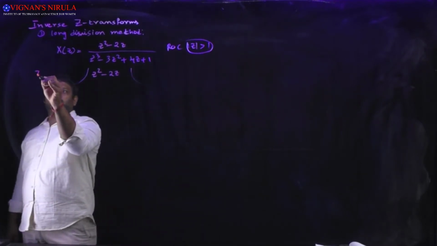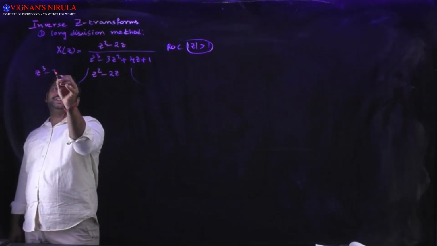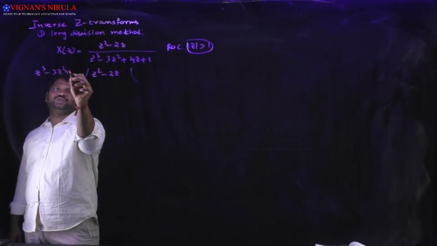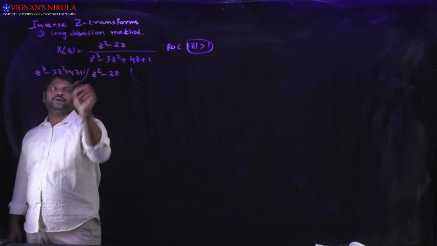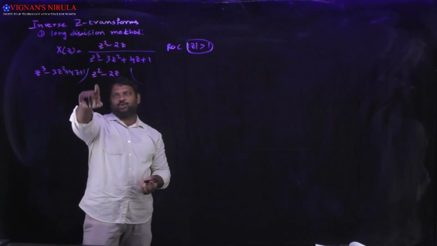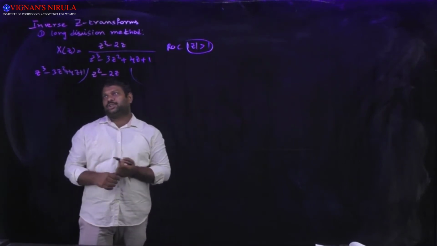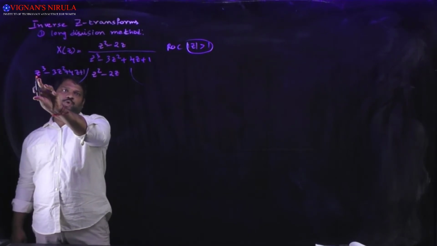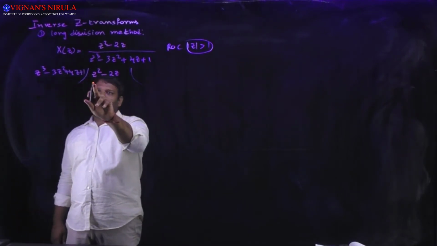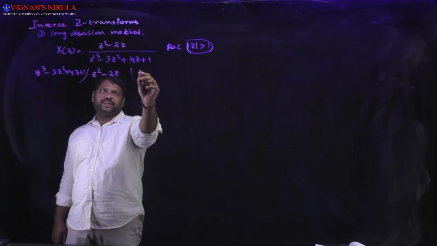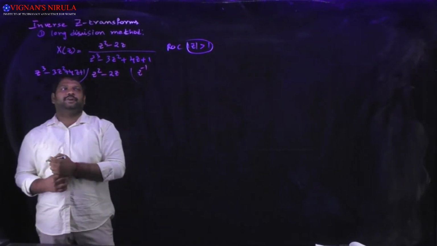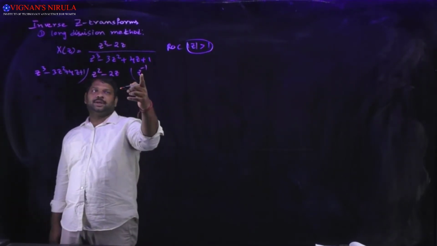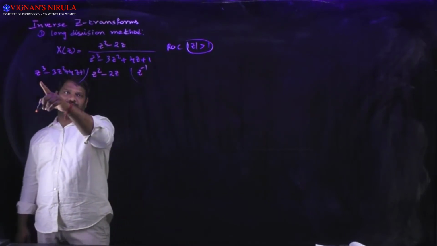Next, the denominator as z cube minus 3z square plus 4z plus 1. Now to cancel this z square, we should multiply z power minus 1 to this z cube, then we'll get z square. That's why I'm taking the coefficient as z inverse. When we take the coefficient as z inverse, multiply this coefficient to this divisor.